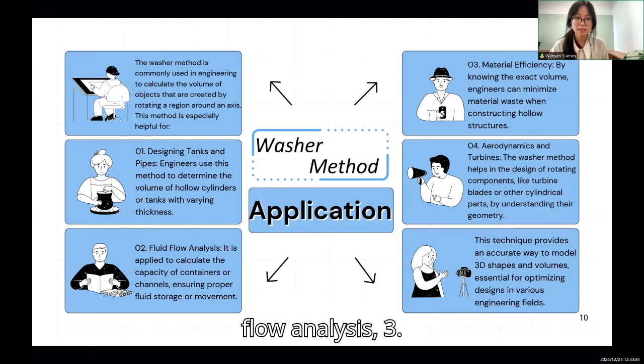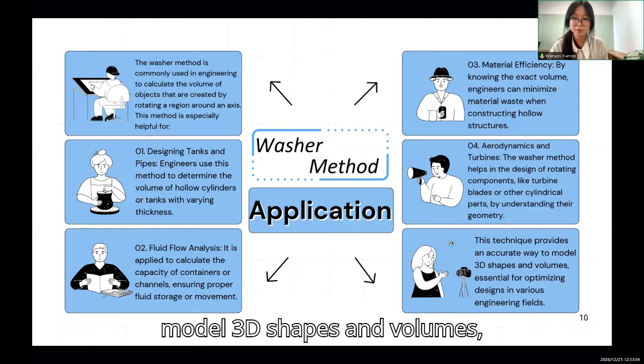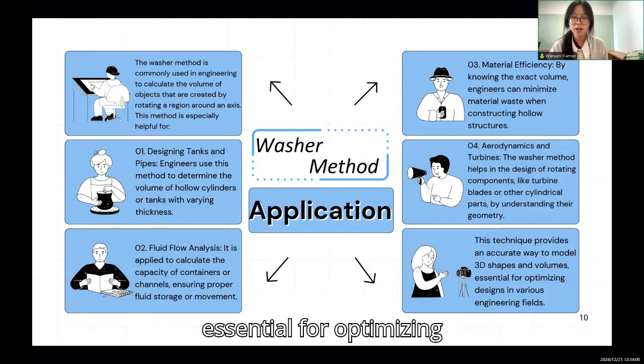Fluid flow analysis. 3. Material efficiency. 4. Aerodynamics and turbines. This technique provides an accurate way to model 3D shapes and volumes, essential for optimizing design in various engineering fields.